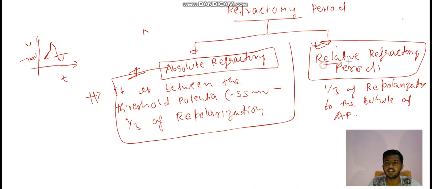So this is the relative refractory period. But please remember, the new stimulus should be strong. It should not be weak. It should be a strong stimulus, and it will produce a response.